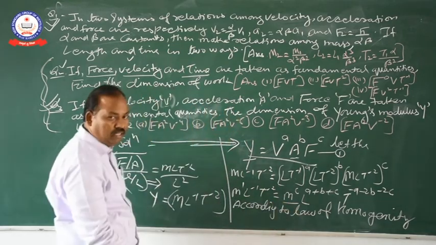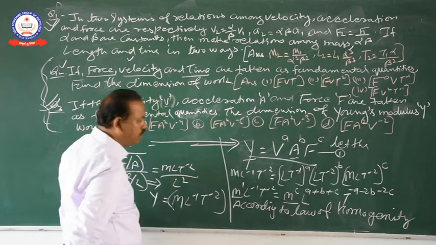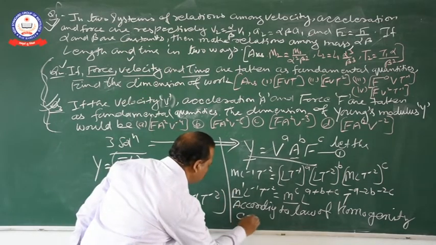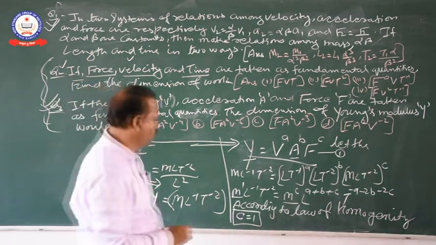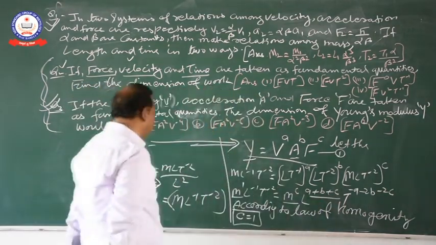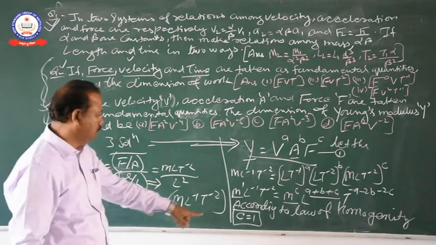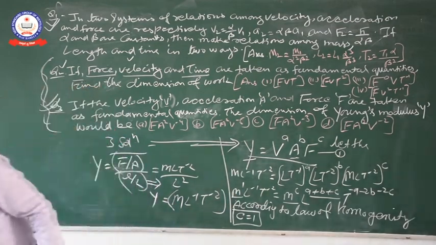Here M raised to power c, here M raised to power 1. So c is equal to 1. Okay, a plus b plus c is equal to minus 1.